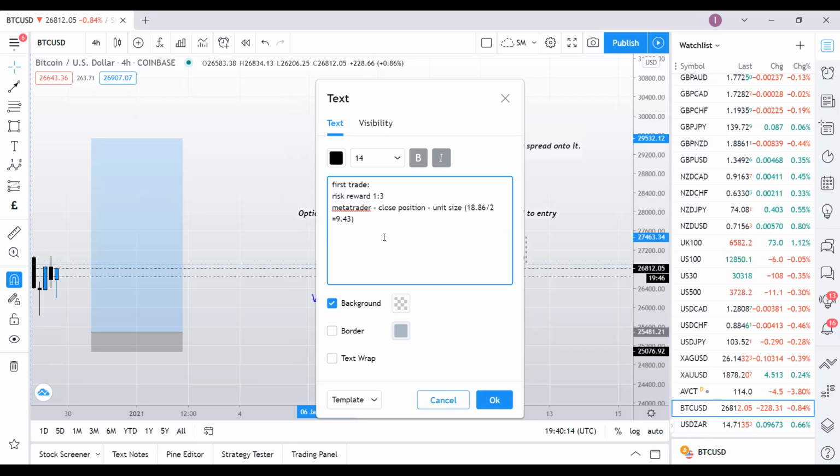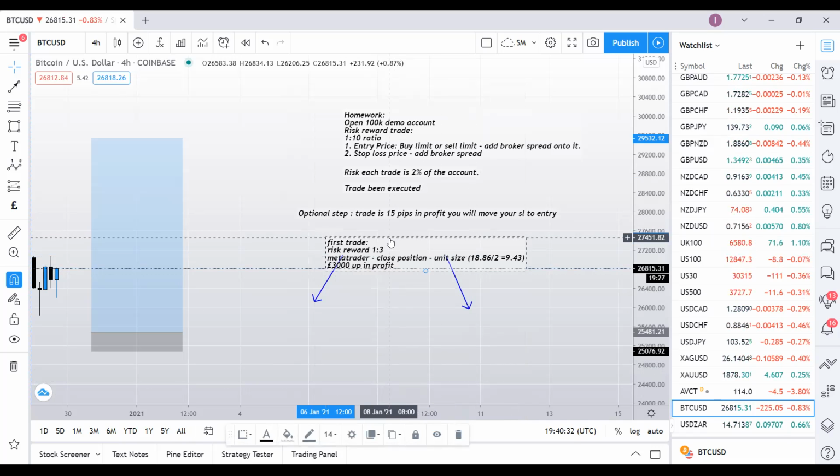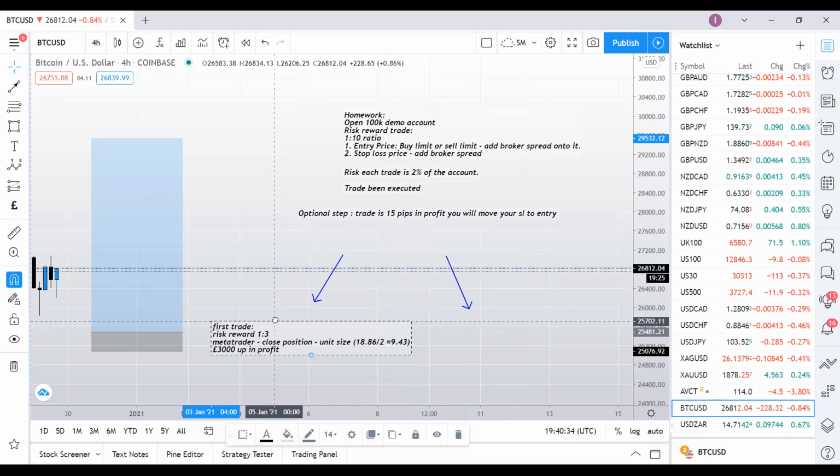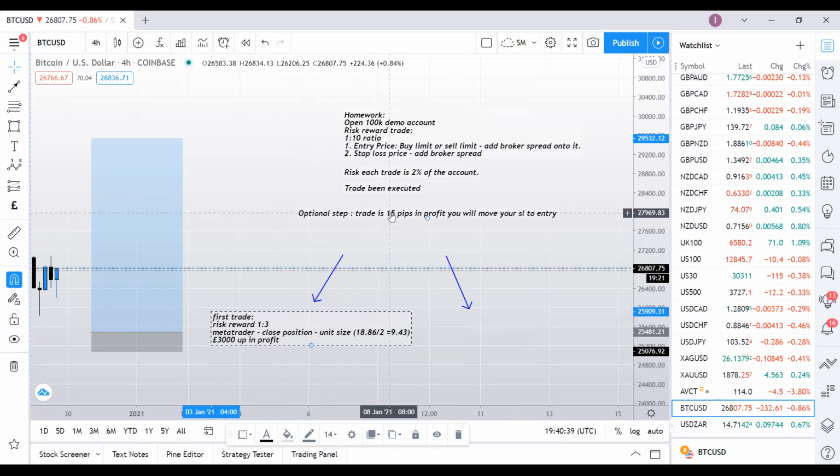So it's closed half of your unit size in that trade, where on your demo account you should now be £3,000 up in profit. That's the first trade. Now we've already moved our stop loss to entry, so we're in a risk-free trade right now.